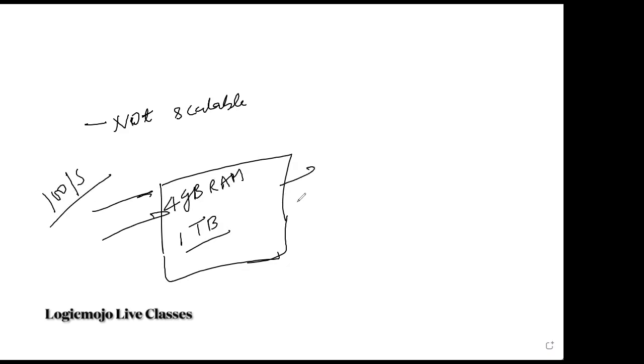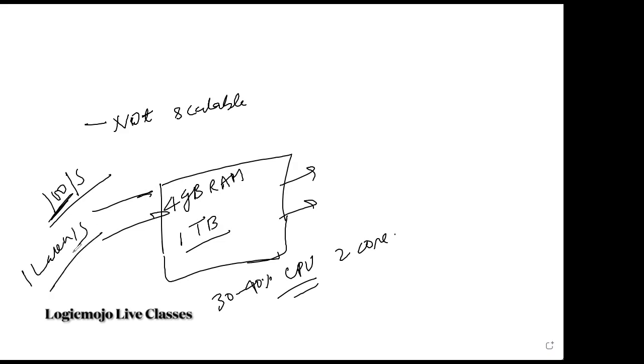You are able to serve it, and you are working fine with 30 to 40% CPU utilization. Now, as traffic is increasing day by day, you went from 100 to 1 lakh requests per second. What will happen? What do you think would start happening here?